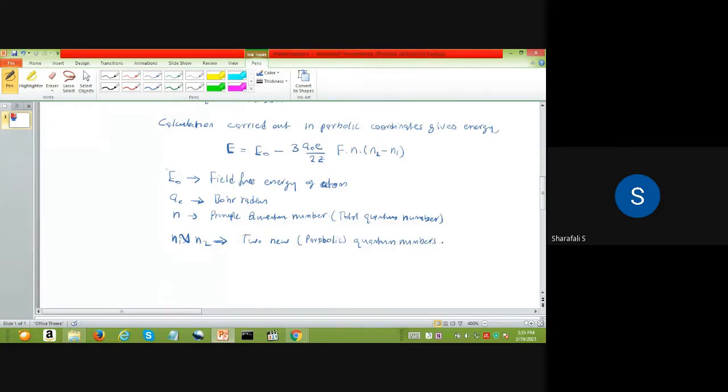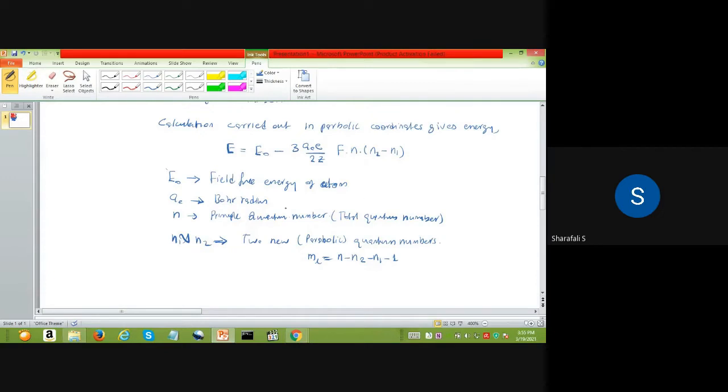And this is subject to the condition that ml will be equal to n2 minus n1, and n equals n1 plus n2 plus ml plus 1. So the ml value should be like this. From that, you can find out what n2 and n1 are.